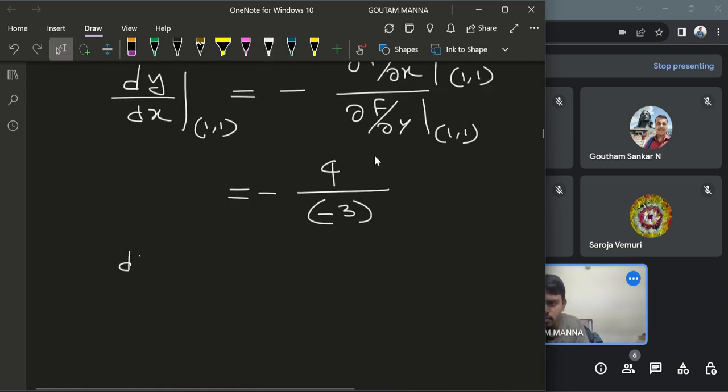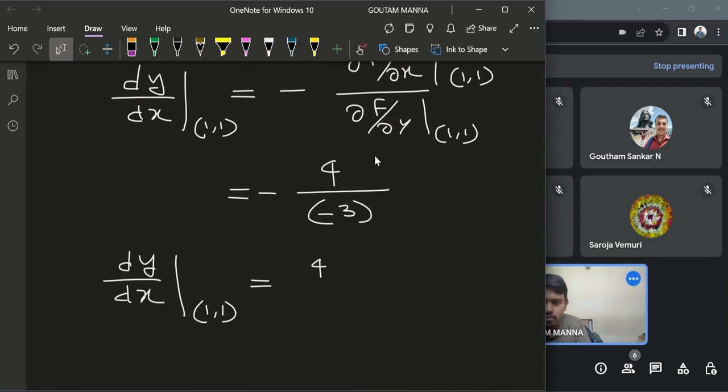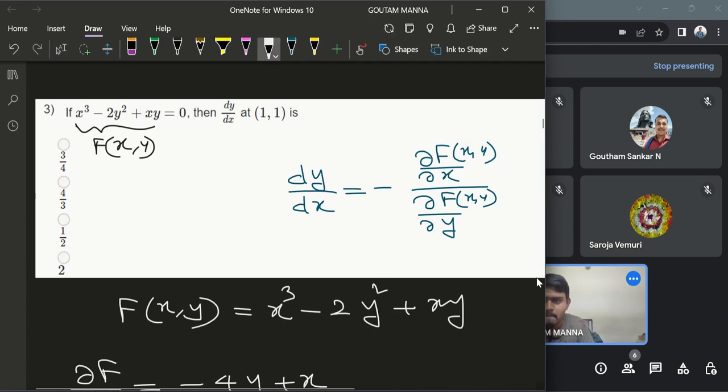Then dy dx at 1 1 equals to 4 by 3. This is the correct option.